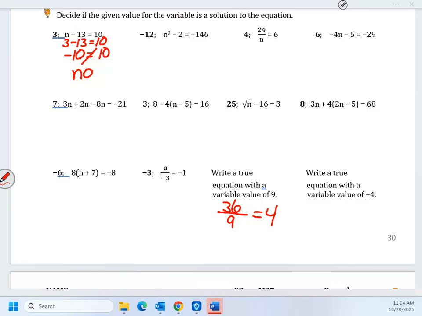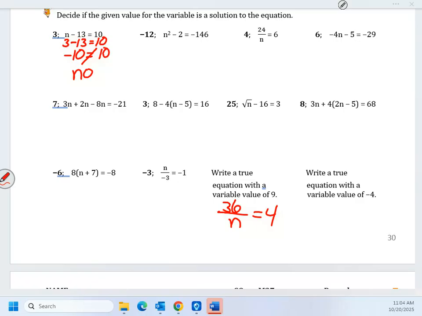Now I'm going to take that 9 out and put a variable in for it. So that 9, it doesn't equal 9. 9 is the variable value. So write the equation using the number 9, it equals something, and then you erase the 9 and you put a variable in. Does that make sense?